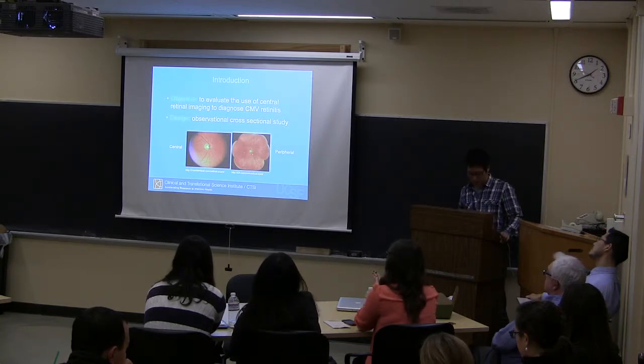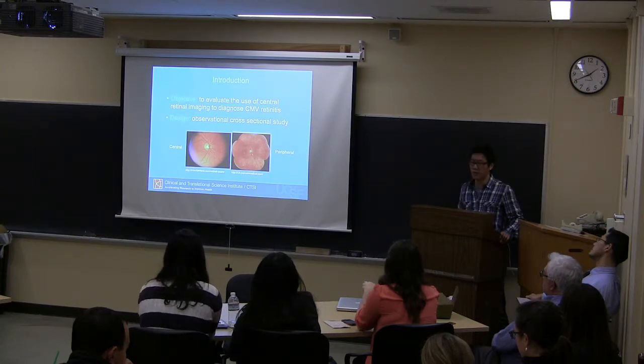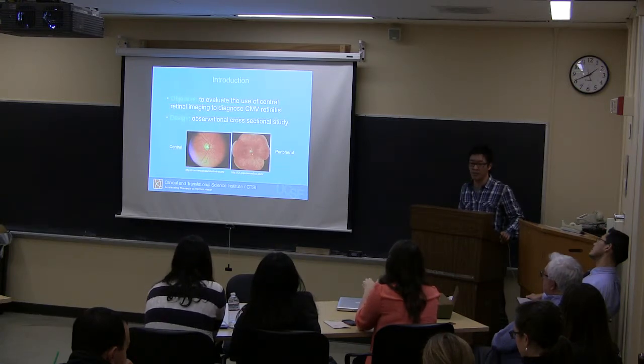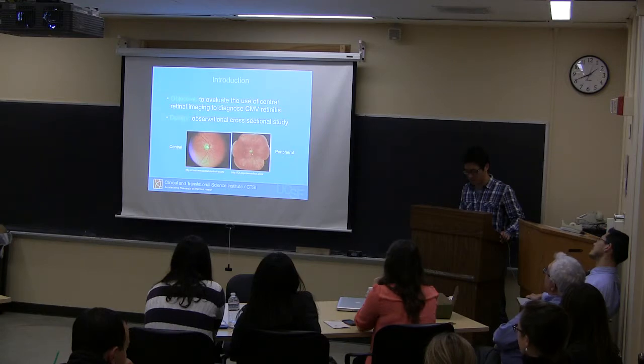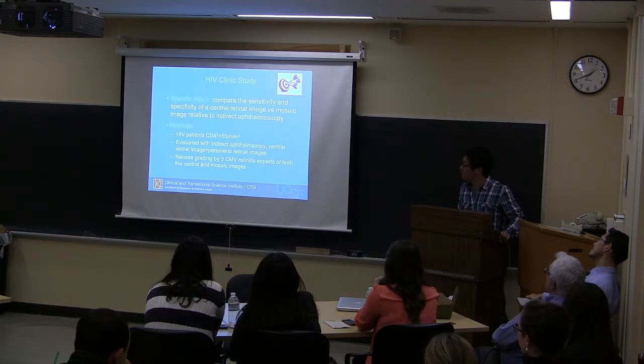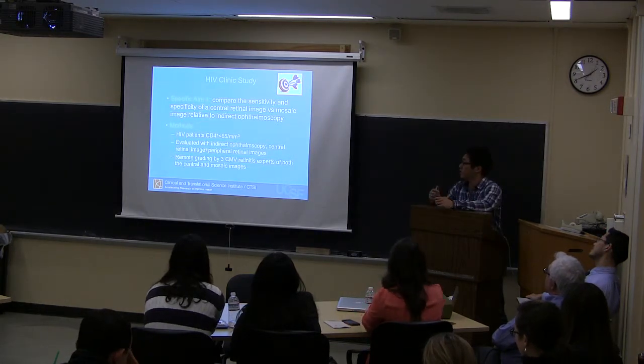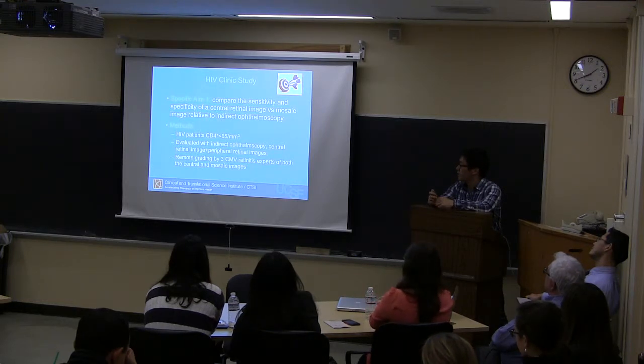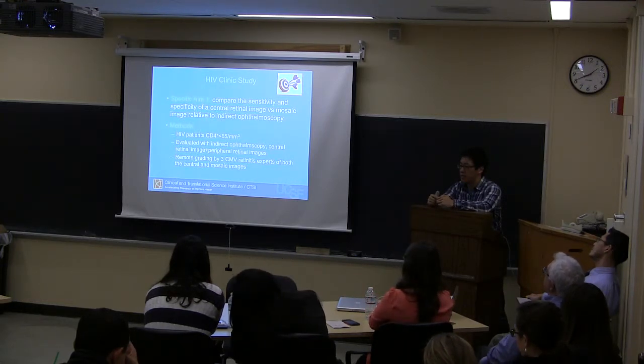So this study will be an observational cross-sectional study, and I just got here a couple weeks ago, so I haven't really been working on this project yet. I'll be involved eventually, so I'll just tell you what I plan on doing. Our first aim is to compare the sensitivity and specificity of that image versus the mosaic image.